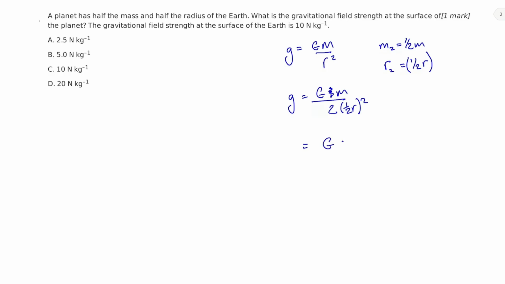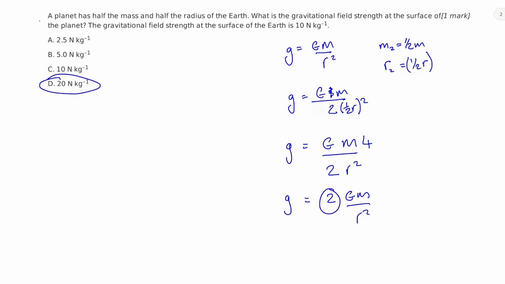So GM over 2, and that's over a quarter, so we take the 4 up there, over r squared. So it's 2GM over r squared. The gravitational field strength on the second planet is twice that on Earth, so we're looking at 5D.